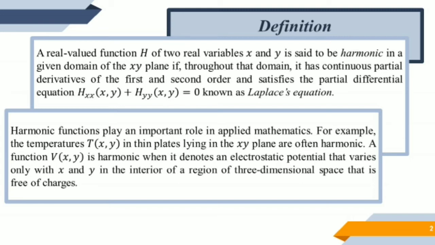Harmonic functions play an important role in applied mathematics. For example, the temperatures T(x,y) in thin plates lying in the xy plane are often harmonic. A function V(x,y) is harmonic when it denotes an electrostatic potential that varies only with x and y in the interior of a region of three-dimensional space that is free of charges.